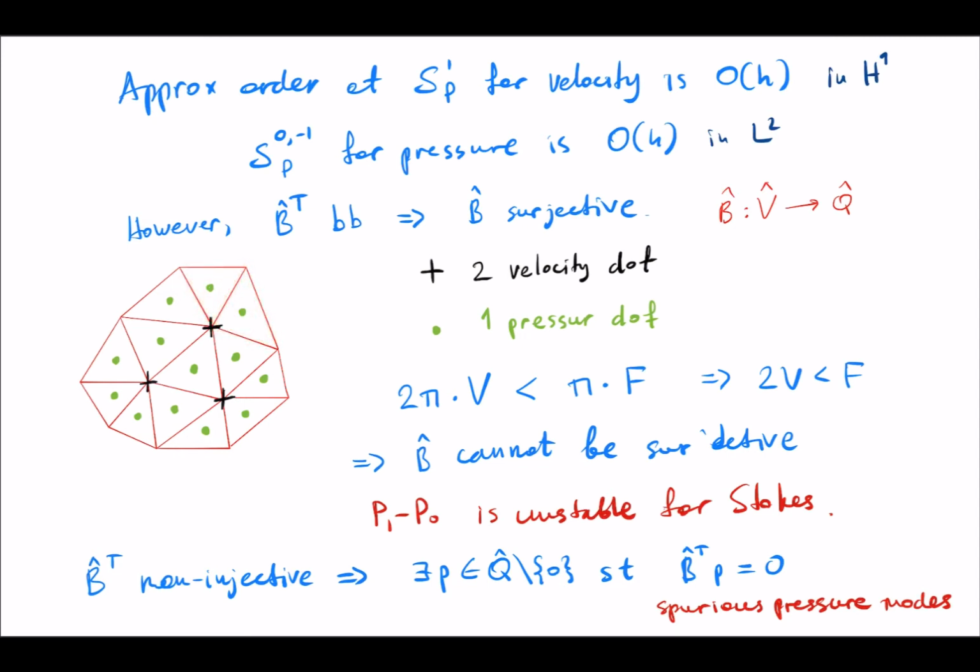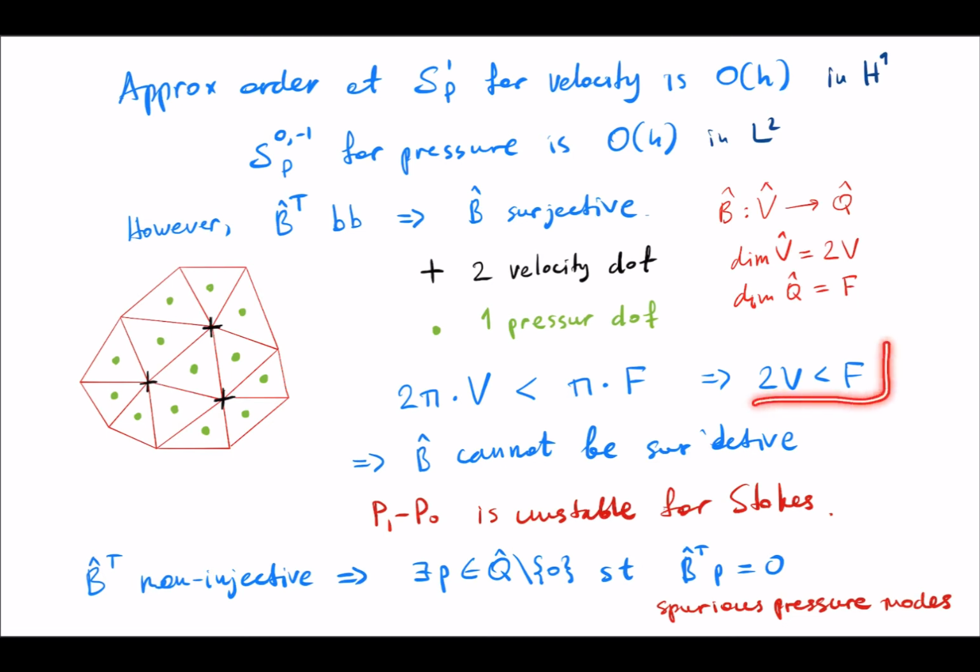That means the total angle will be strictly smaller than pi times the number of triangles, and that gives us 2V is smaller than F. Now the dimension of V hat is equal to 2V, and the dimension of Q hat is equal to F, because it's the number of triangles.